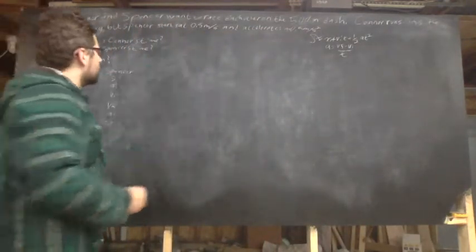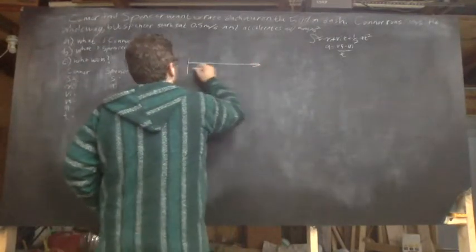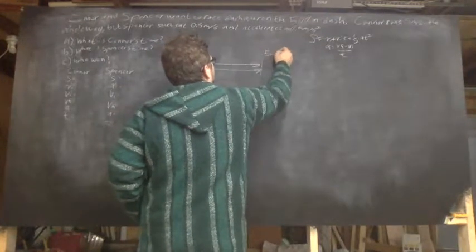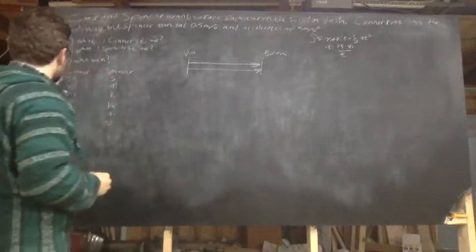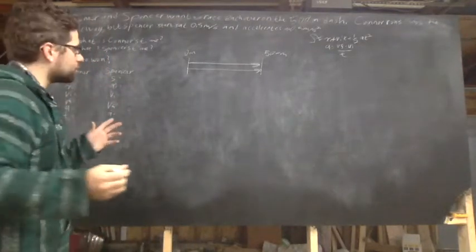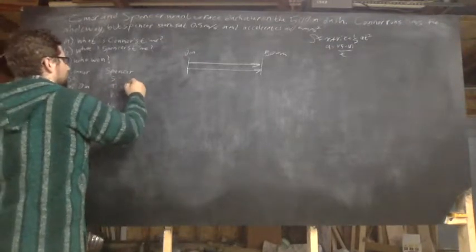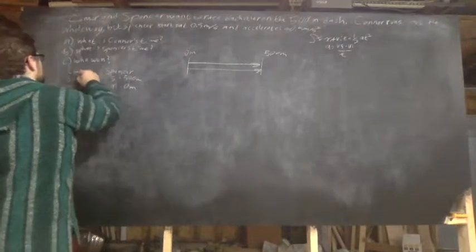Each of them are starting at the same point and moving 500 meters. So they're going to have the same S and XI. That's how a race works. So both of them are going to have a starting position of 0. Both are going to have an ending position, 500 meters.